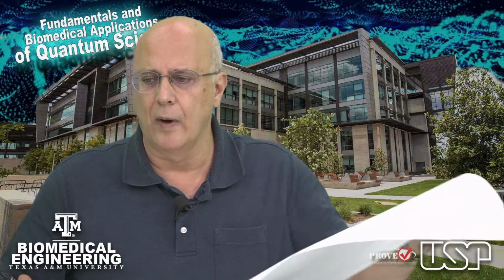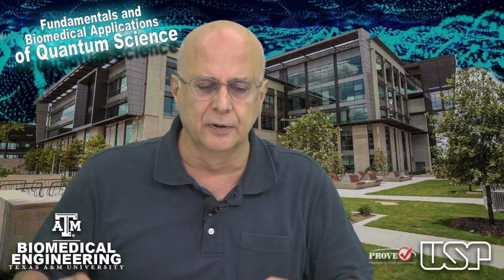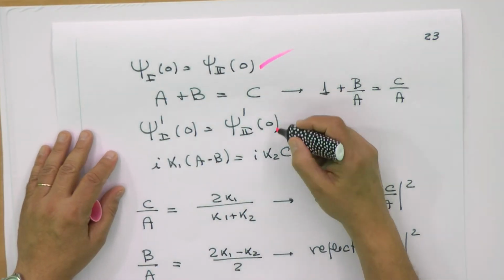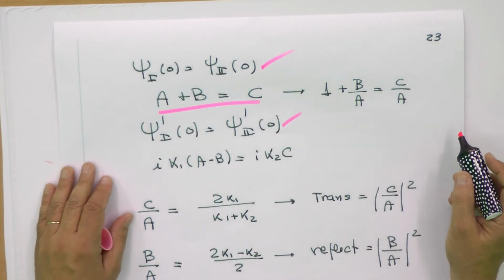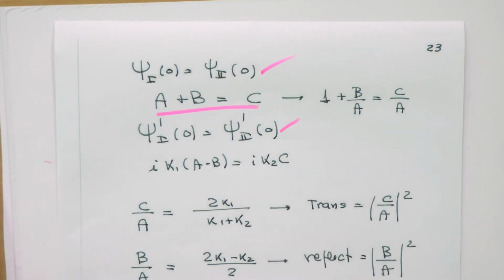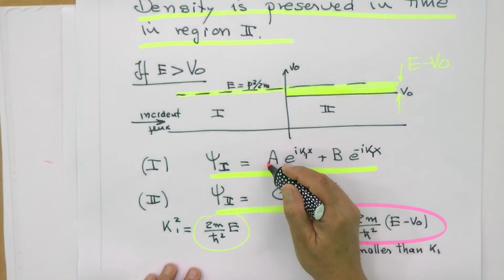And when I solve the problem by inputting the boundary conditions, where the wave function has to be continuous, that gives me the relation between A, B, and C, which are the coefficients of the solutions that we have here.